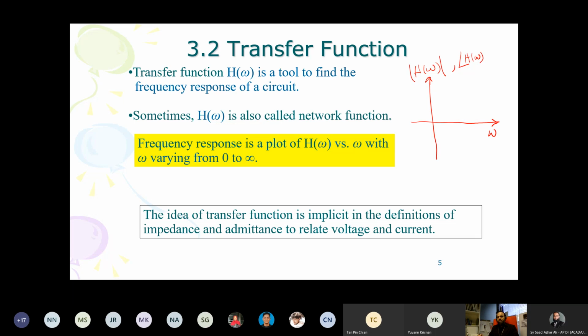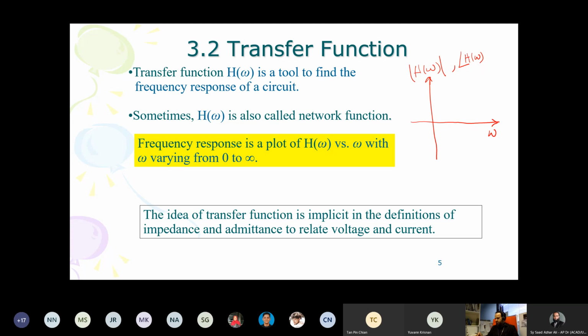Here H is a function of omega. So just like sine omega t, we have t on the x-axis and the amplitude is changing with time. Now here we're changing the frequency on the x-axis. What will happen to the circuit or the response when we change the frequency? Maybe later I'll tell you how this is useful.